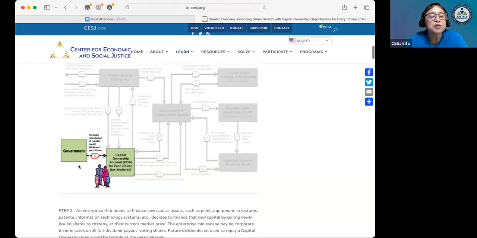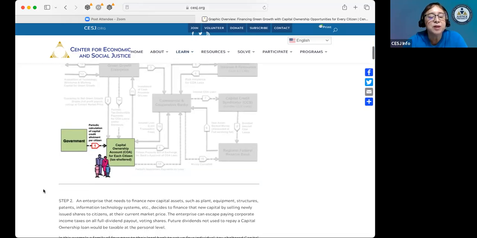So here, the first step, as we said, was the periodic calculation of capital credit, whether this is the government or the central bank or another official body. And so it will determine how much each of us through our capital ownership account are entitled to receive in terms of newly created interest-free capital credit.